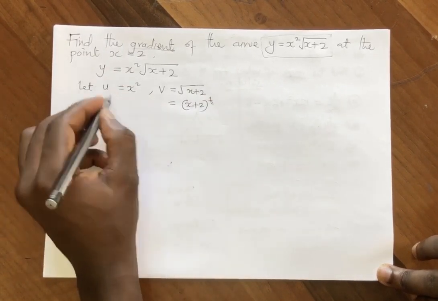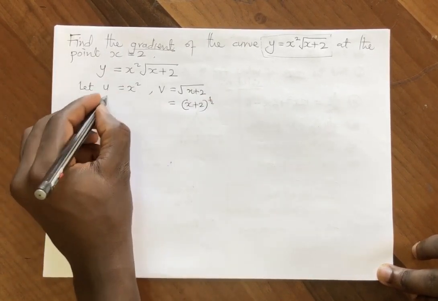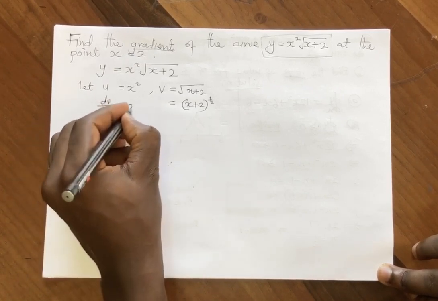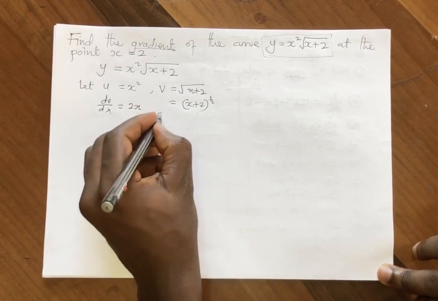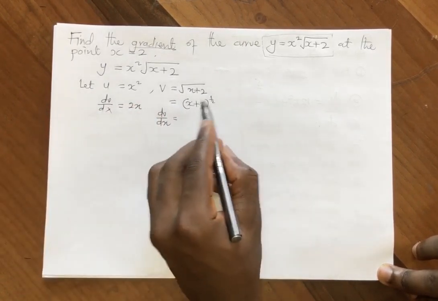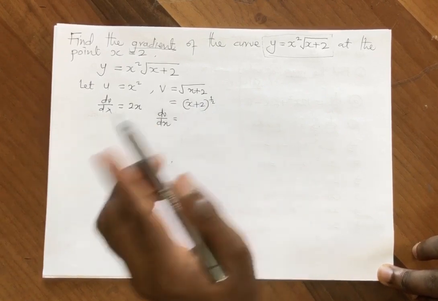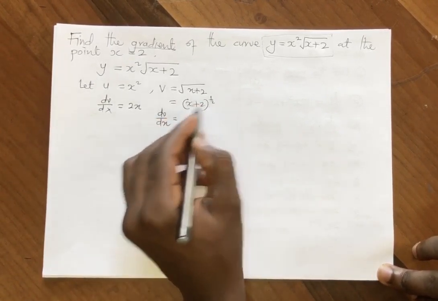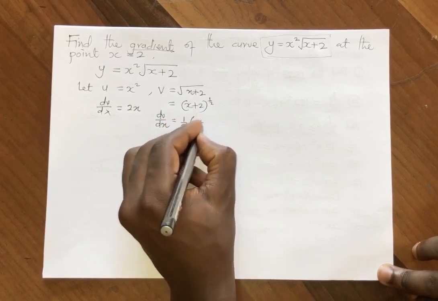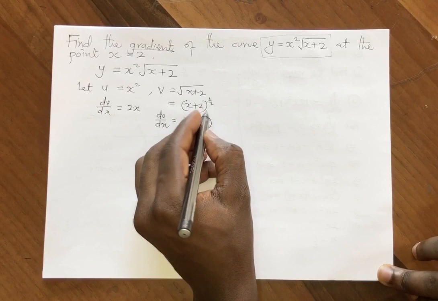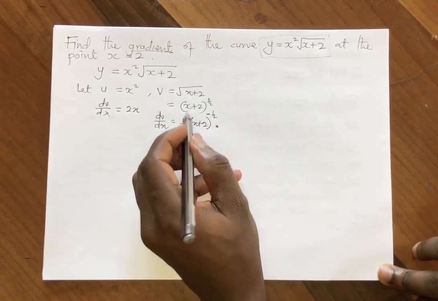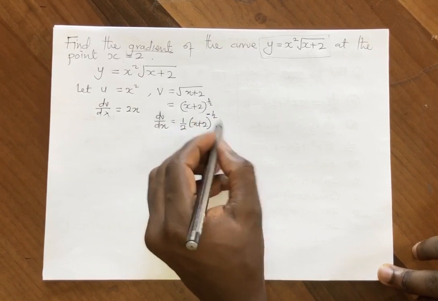So let's take the differential. du dx gives you 2x. Then dv dx. Now, this is chain rule. So what do we do? Differentiate the outer function, which is half x plus 2, so minus 1 gives you negative half, times the differential of the inner bracket, and that gives you 1.